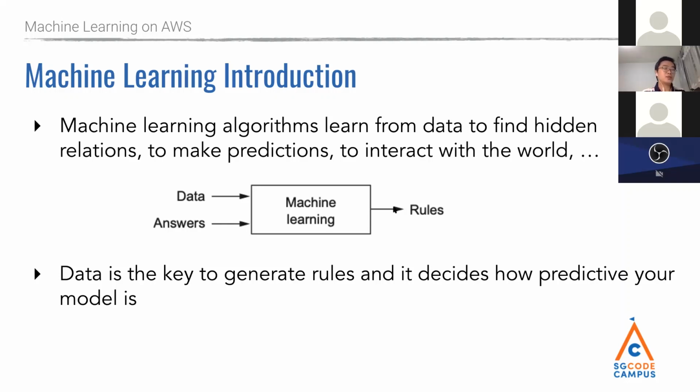And this kind of system generator will become a predictive model we have built. Okay, so in this sense, data is a very important key to generate rules, and it decides how predictive your model is. Okay, so the first important concept is what is machine learning different from the traditional programming?